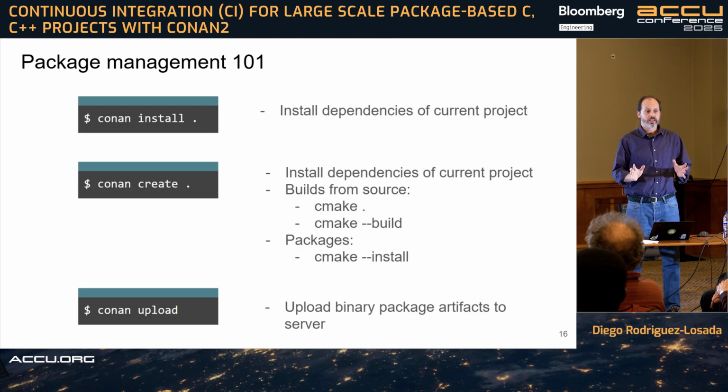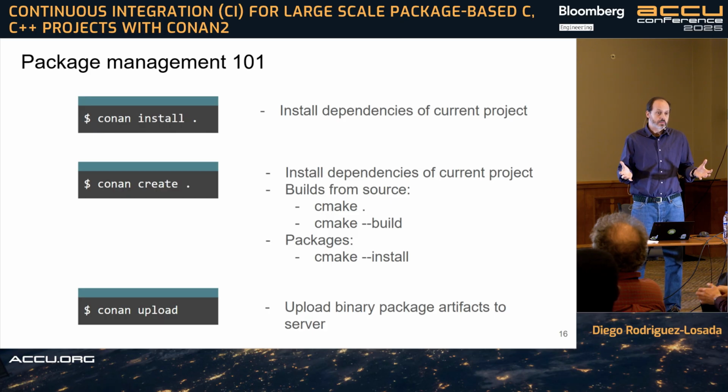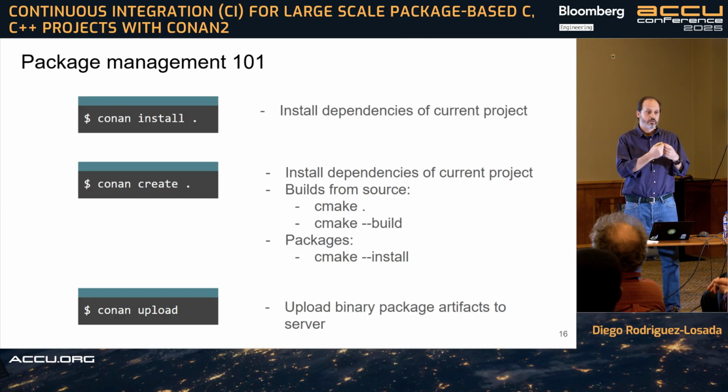So the basics that we need to know about package management and dependency management, in this case for Conan, is these three operations. First, when a developer wants to start working on a component in a multi-component paradigm, they need to install the dependencies. In this case, Conan install. It will be downloading the dependencies, putting them in your computer, and making them available for you to work.